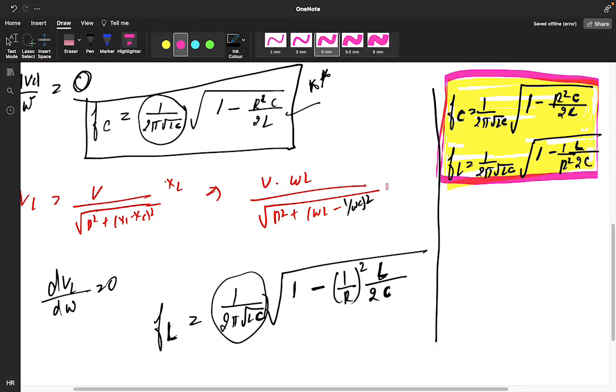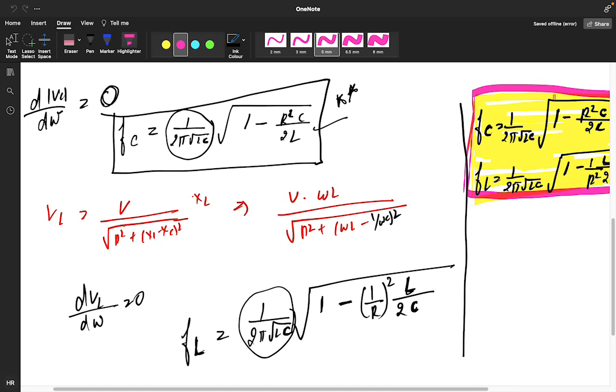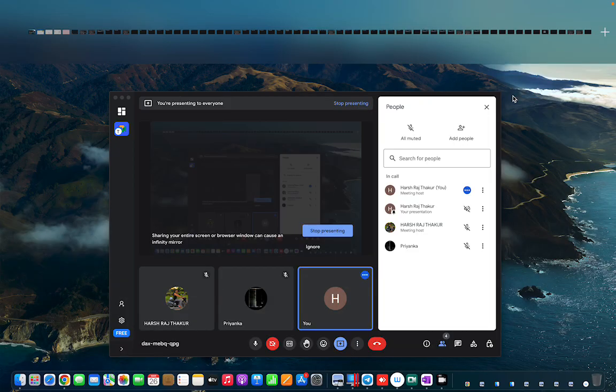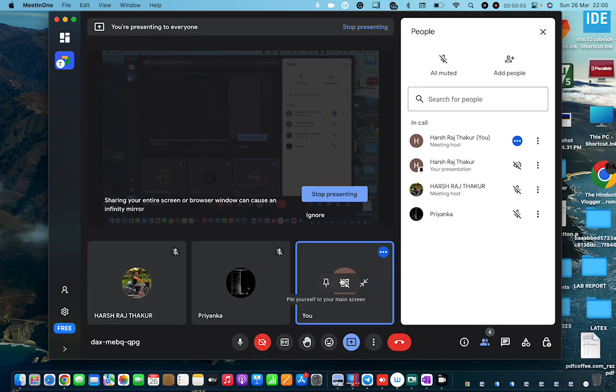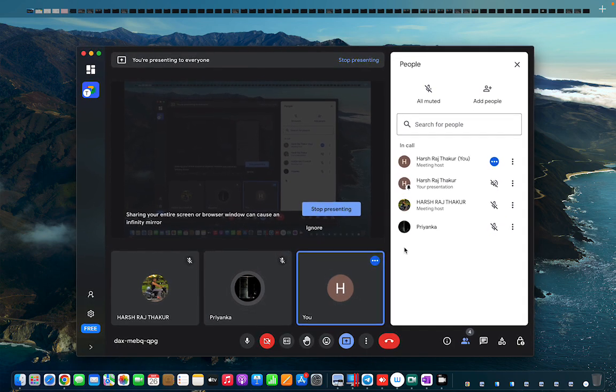Please tell me, I discussed this one, you guys got this result up to here? Prasanna, at what time did the connection get lost, just tell me. Priyanka, at what time did the connection get lost, just tell me.